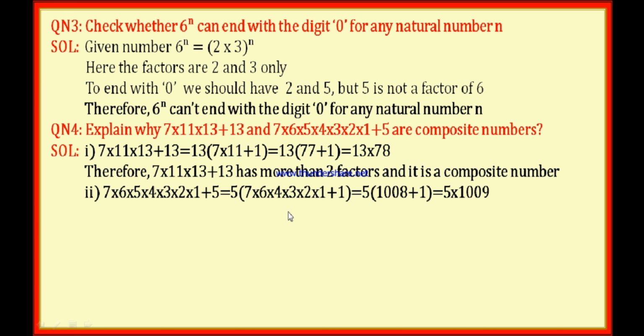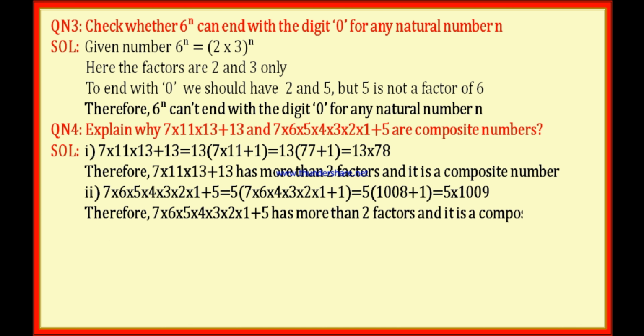This is 5 times (7 into 6 into 4 into 3 into 2, which is 1008, plus 1). This is 5 into 1009. Again, besides 1 and the whole number, 5 and 1009 are also factors. Therefore, the given number has more than 2 factors and it is a composite number.